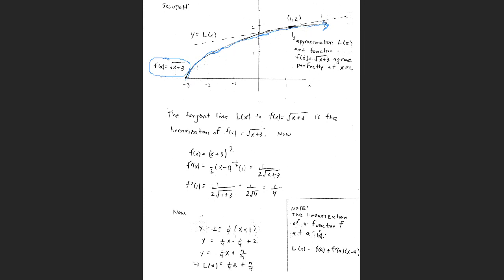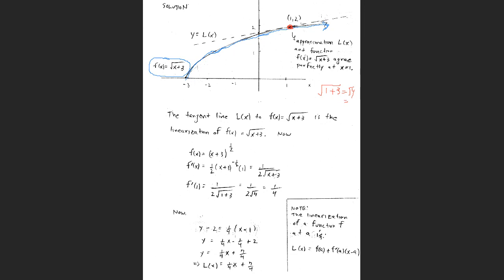Now, at 1, 2, what is that I've drawn at the point 1, 2? 1, 2 is on the function, because if x equals 1, the square root of 1 plus 3 is equal to the square root of 4, which is 2.